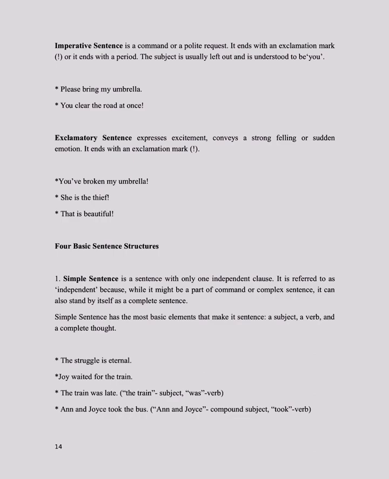A simple sentence has the most basic elements that make it a sentence: a subject, a verb, and a complete thought. The struggle is eternal. Joy waited for the train. The train was late. Anne took the bus. Anne and Joyce took the bus, with a compound subject.